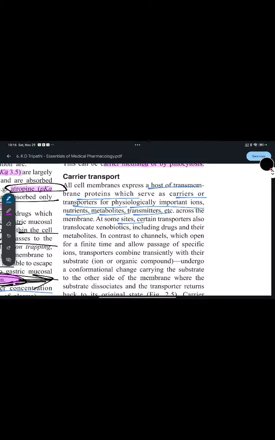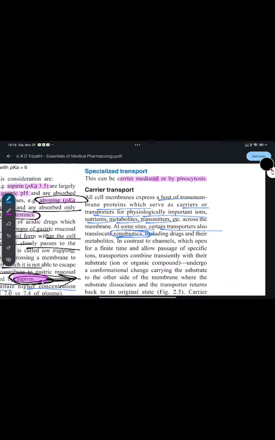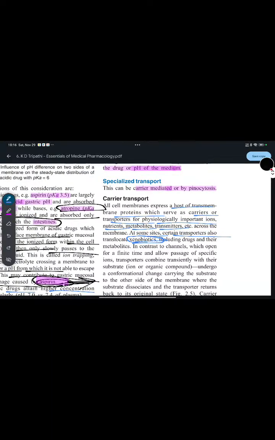At some sites, certain transporters also translocate xenobiotics. Xenobiotics means drugs or any foreign particles.